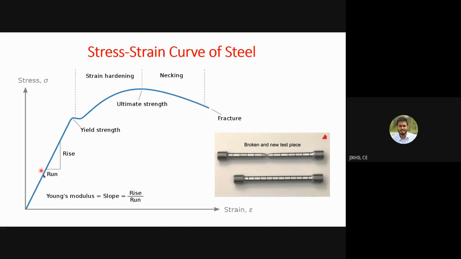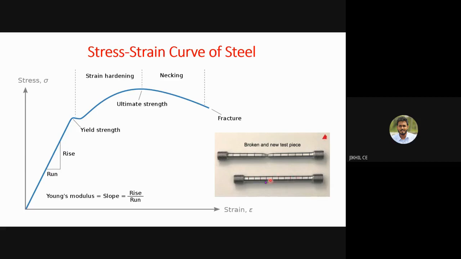So I told you plasticity is the property by which, even after exceeding the elastic stress, the material will keep on elongating with an increase in strength. So you have the plastic nature here, and the ultimate strength is reached, and then the necking is happening. You can compare the figure.